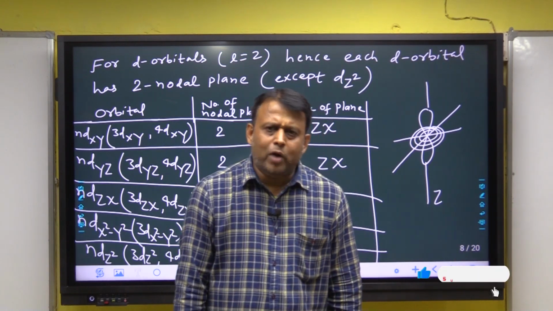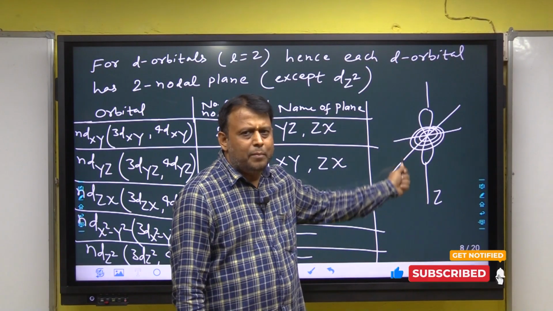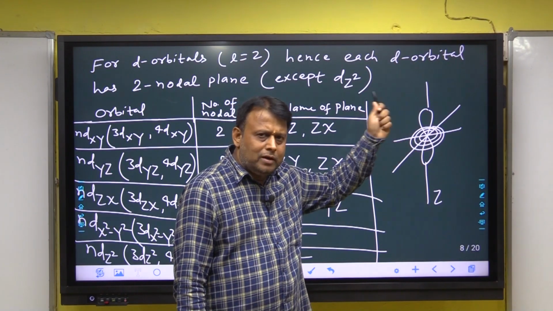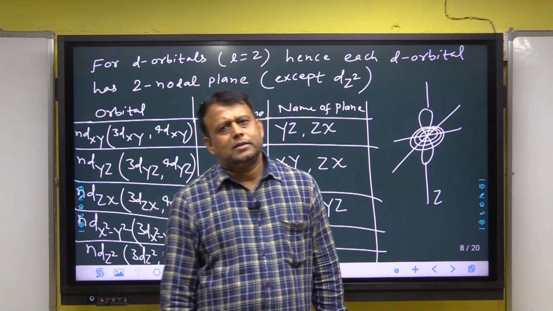For dz square, 0 nodal planes, because in dz square one dumbbell lies on the z-axis and the other dumbbell rotates along the z-axis.